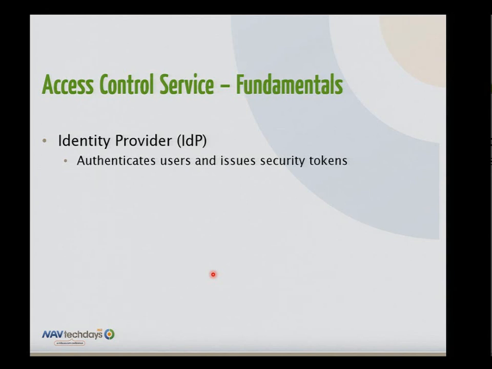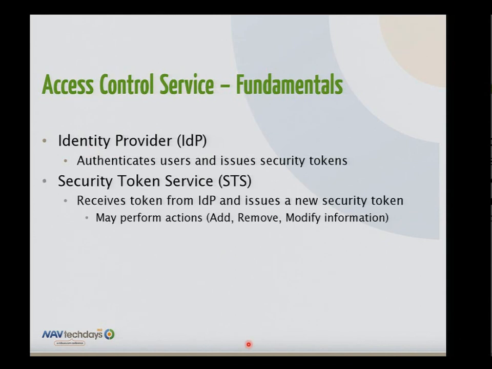This can be Live, for instance. If you trust Live ID, then you have a Live ID account with mail and maybe a share somewhere. You also have the ability to log into Live and let Live authenticate you and send you back this security token, which can be used elsewhere. So that's the identity provider.